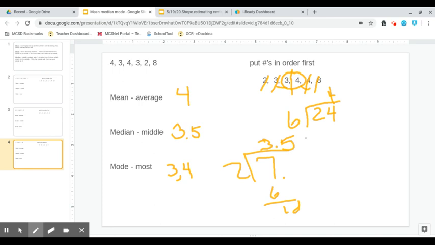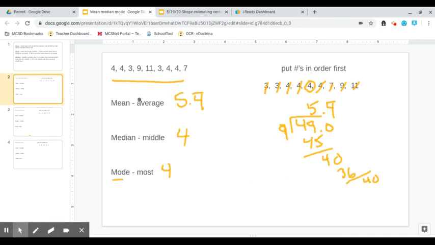So your problems are going to just be like this. I highly recommend you write them down, and put them in order before you start doing them. If you don't put them in order, let's just go back here a little bit. Let's find the median of this one and not put them in order.